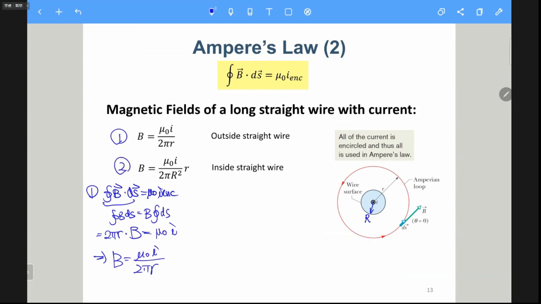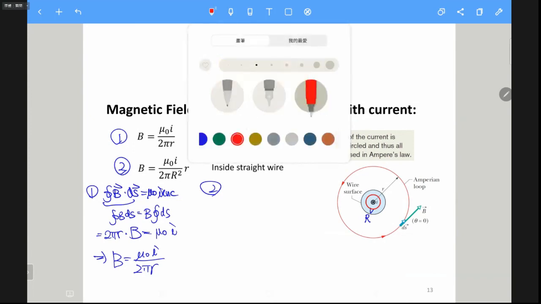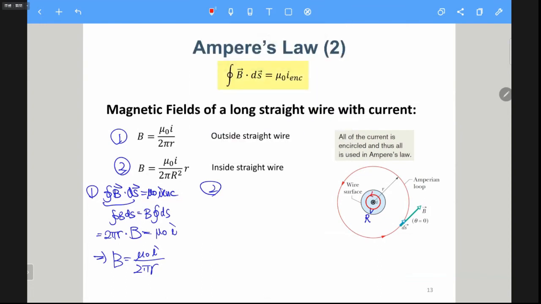And for part two, we consider another case. We consider the Amperian loop to be somewhere here, like this.